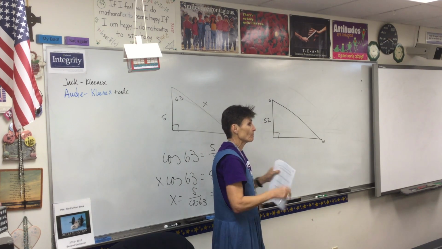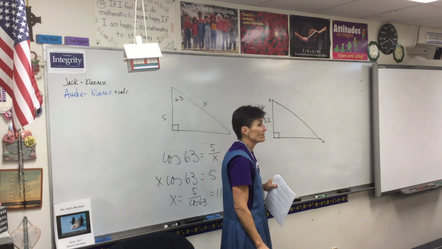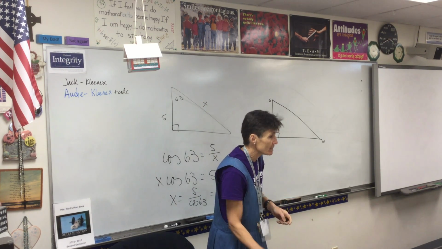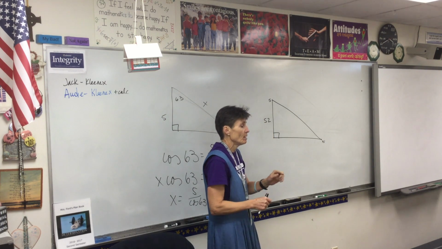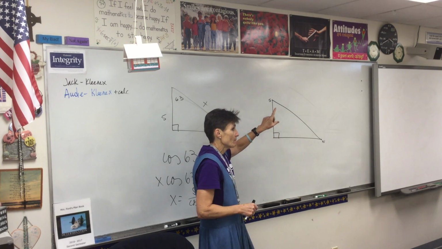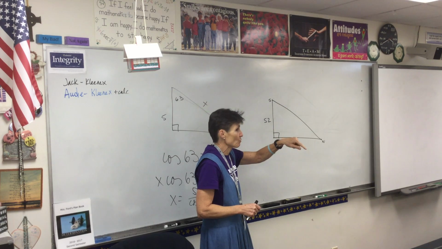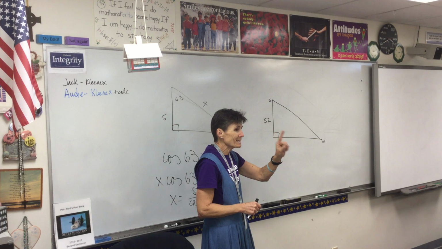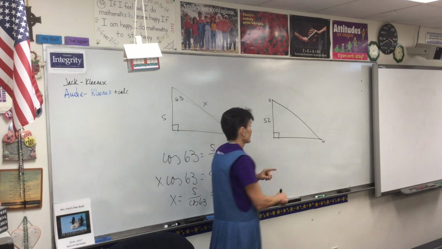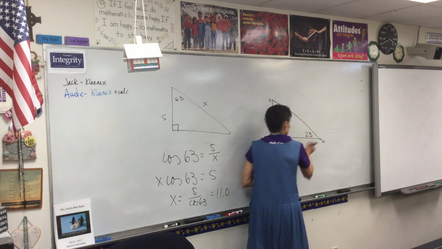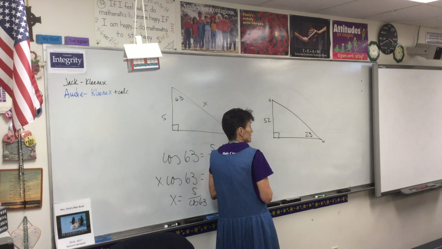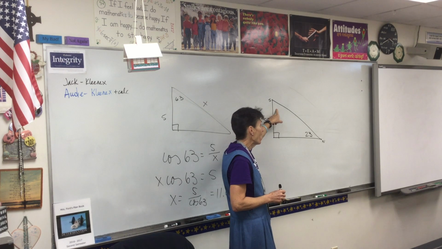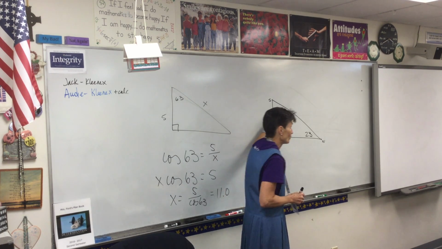His angle of depression is 23 degrees. I want every eyeball in the room focused right up here, because we're going to get this right. The 23 goes here. The 23 does not ever go here.